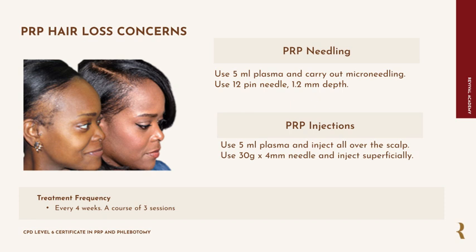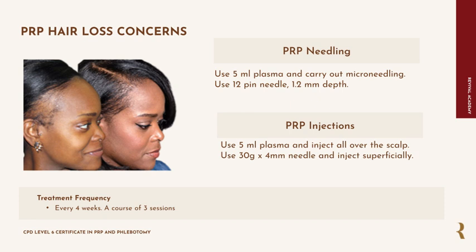You can use the dermal pen to create injury to the skin as well, as the injury itself will bring the blood supply up, and the blood supply will nourish and stimulate the hair growth on its own. And then injections, you can again use 5 ml plasma and inject all over the areas where you can see hair loss, thinning, balding, receding. Just target those specific areas and use a 4 mm needle and inject quite superficially.